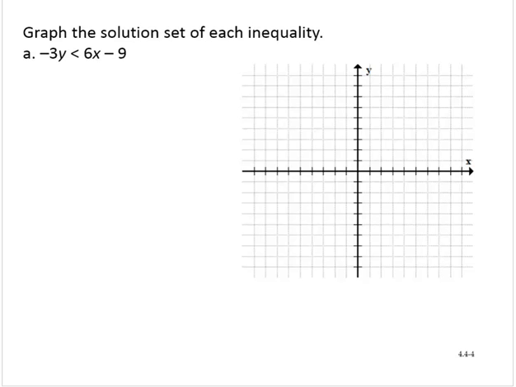Graph the solution set of the inequality negative 3y is less than 6x minus 9. So the first thing I'm going to do is graph negative 3y equals 6x minus 9, but with a dotted line.